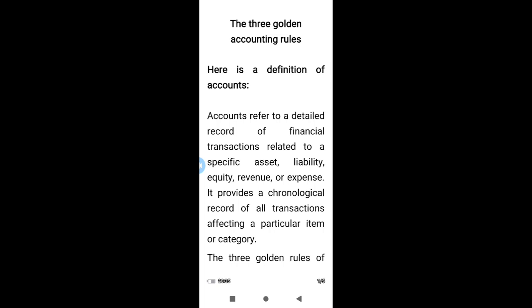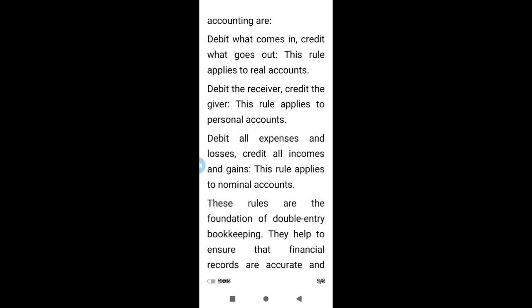So these golden rules are applicable following the classification of the account. The first golden rule states that you debit what comes in and credit what goes out.